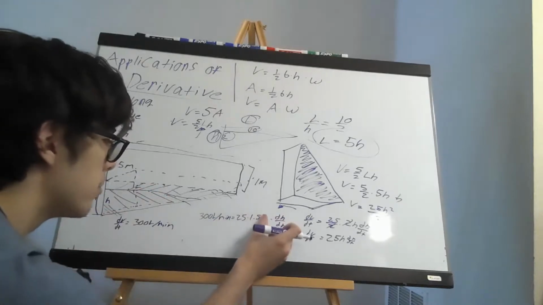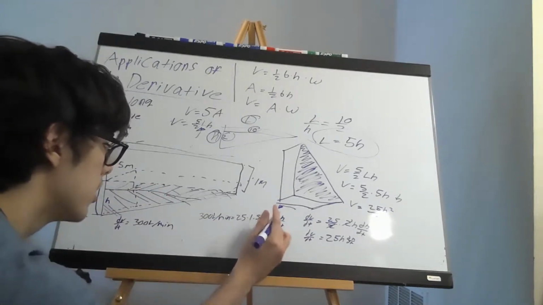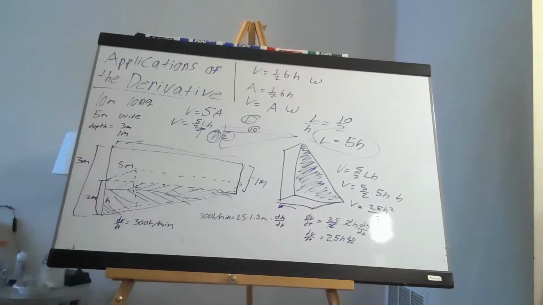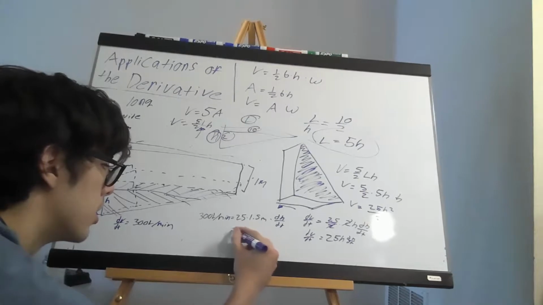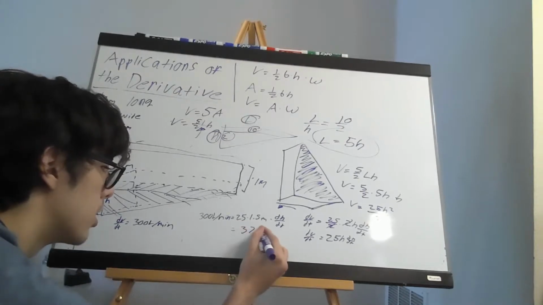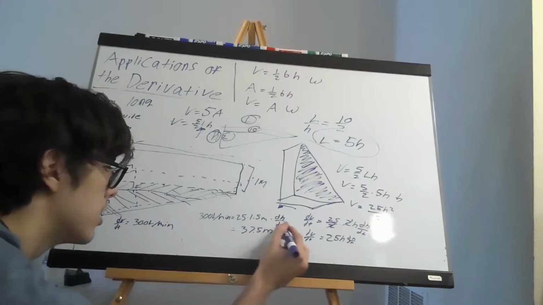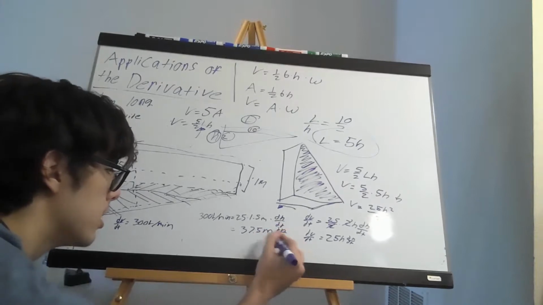Meters, why do I keep writing meters? No, it is meters. Oh man, that's a unit conversion, meters to liters. Whatever. So 25 times 1.5 is 25 plus 12.5, which should give you, let's see, 37.5 meters times dH dt.